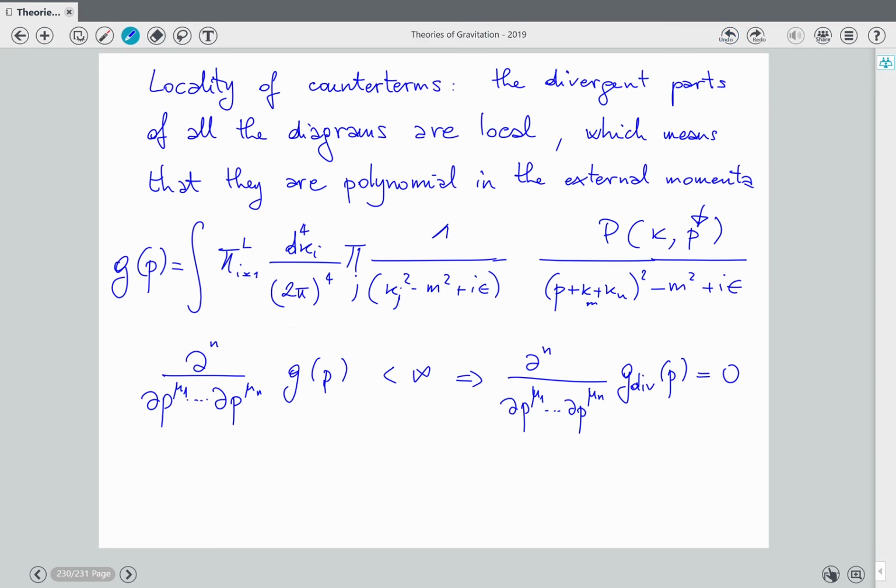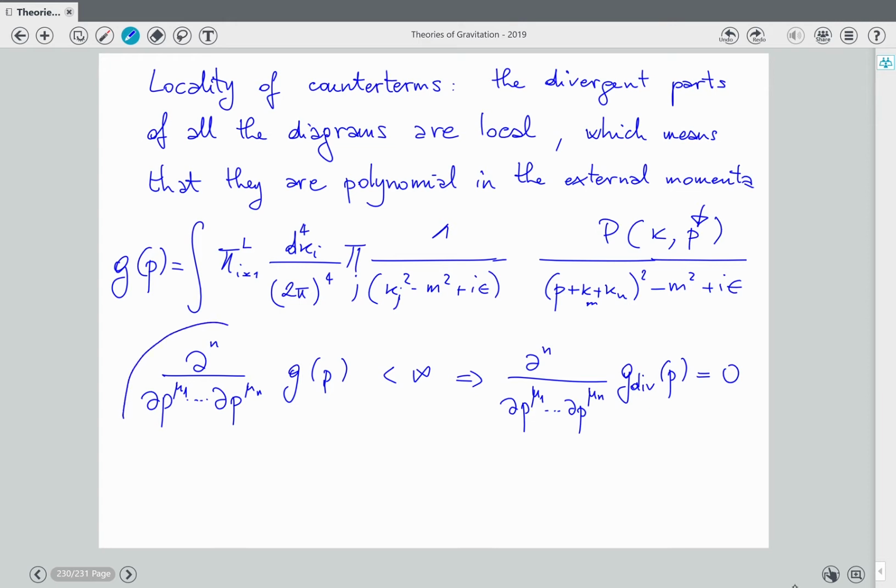And when we made this kind of argument here, we just took care of one divergence, the divergence that arises when all of the loop momenta go to infinity.